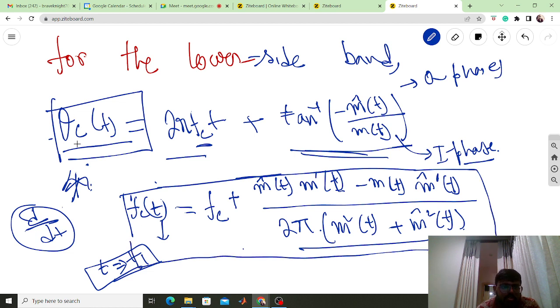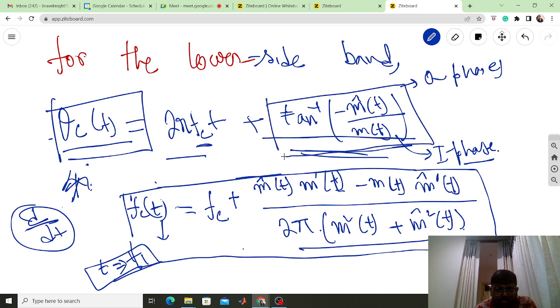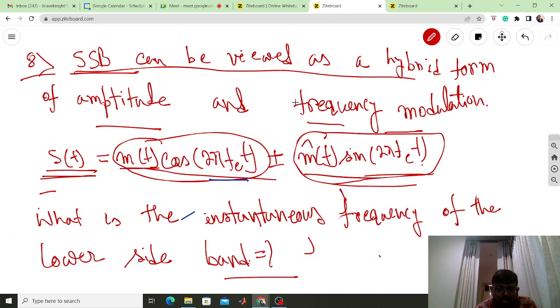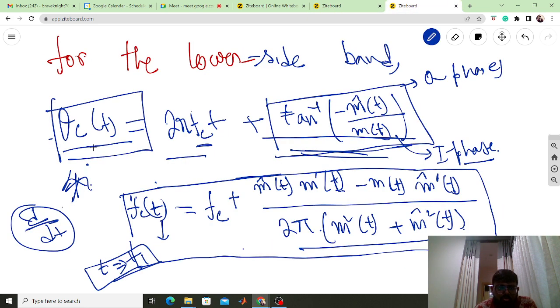What we did, we first generated the phase, that is 2 pi fct plus some phase for the I term and Q term. We can write the phase of this signal in this way. Then we represent this particular phase with respect to time to get the frequency here, right? So we got the frequency like this as a function of t.